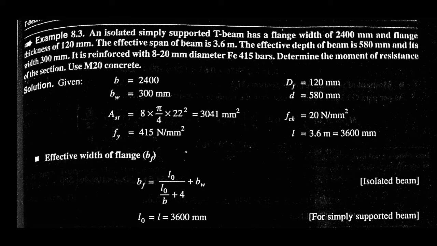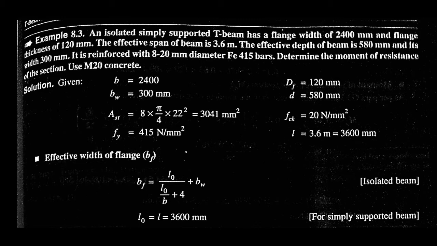It is reinforced with 8 numbers of 22 mm diameter bars. There is a printing mistake, the bar diameter will be 22 and the grade of steel is Fe415. Now determine the moment of resistance of the section, use M20 grade of concrete.